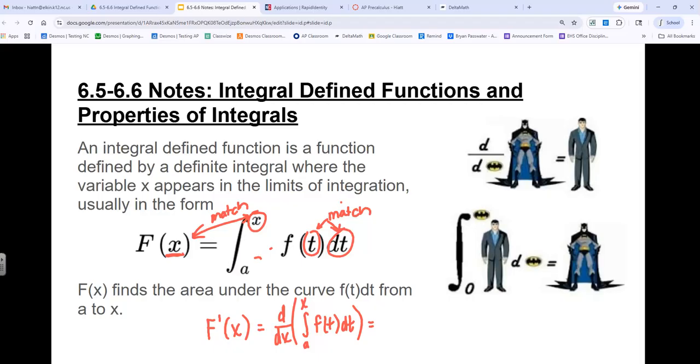They more or less cancel out, right? You are just taking whatever your top limit is, you're plugging it in right here. In this particular case, you're just going to get f of x. So to take the derivative of this integral defined function, you just get the function that's on the inside.